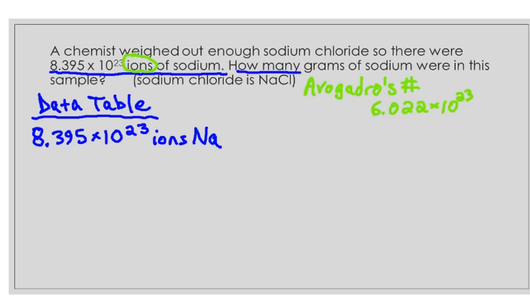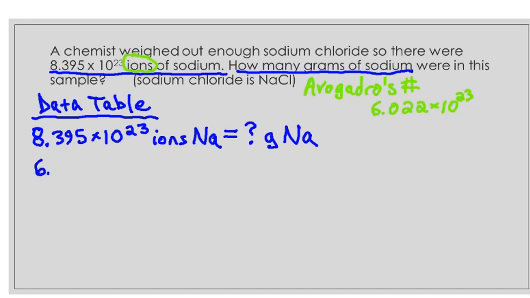And then how many grams of sodium, so equals how many grams of sodium were there in the sample. So we have our initial question mark statement, 8.395 times 10 to the 23 ions of sodium equals how many grams of sodium. And we know we need to use Avogadro's number because it has the word ions in it.